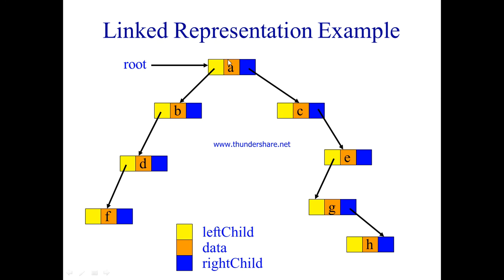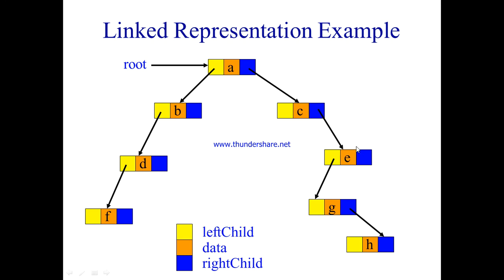So root node: the data part, left part, right part. For this node, left part and right part, I don't have anything, so it will be null. For this also, left part I don't have, and right part I don't have, so it will be null. Similarly C, left it doesn't have, right it has.